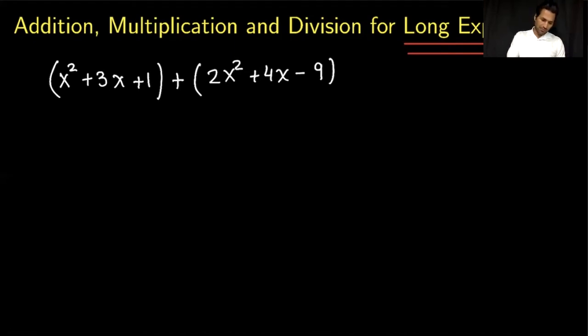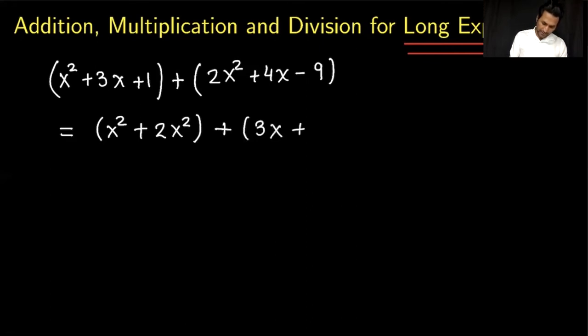The first step of this process is we will collect the terms which have the same exponent. For example, I have x squared and 2x squared. They have the same exponent, so I will group them together. And then I have the term 3x and 4x. I will group these two terms together, and lastly I will group the constant terms together, which are 1 and 9.